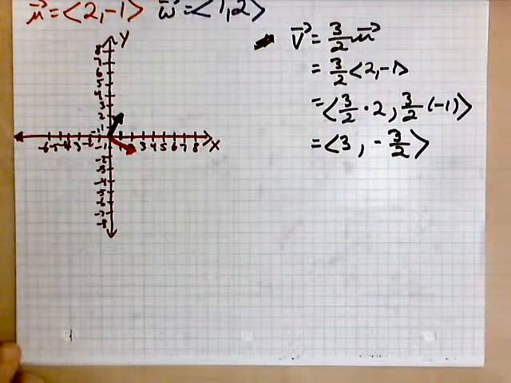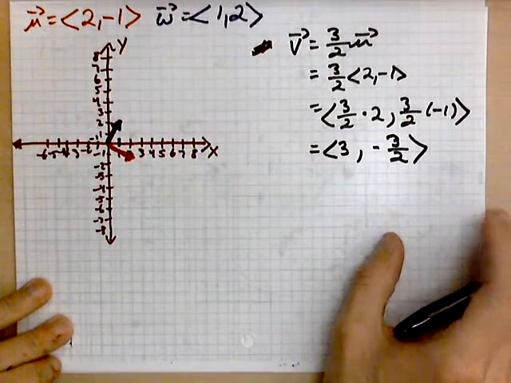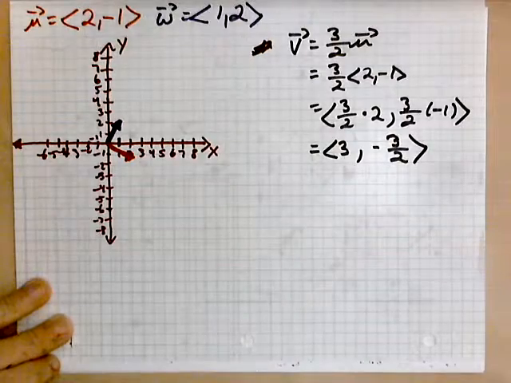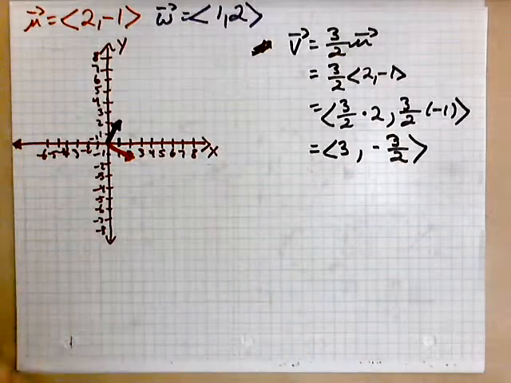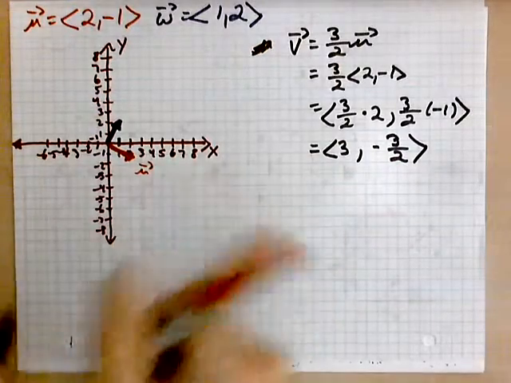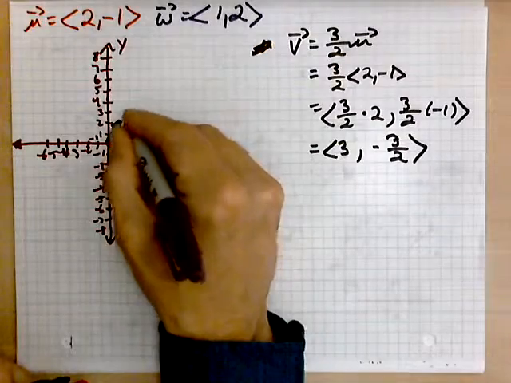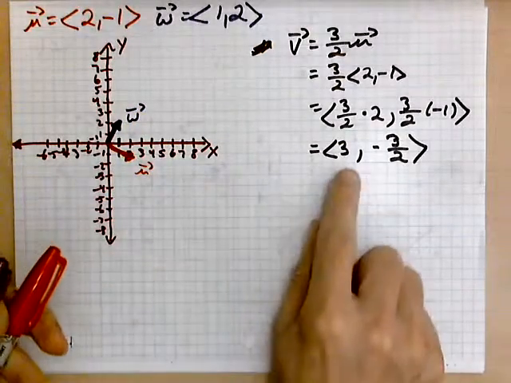So where do we draw this new vector? Let's return and label things a little more clearly. This was our u, and the purple one here was our w.